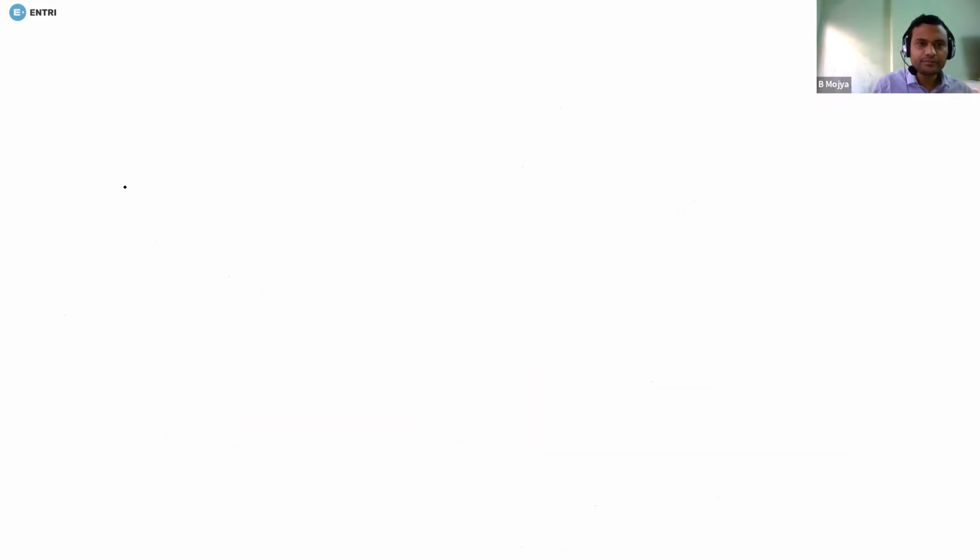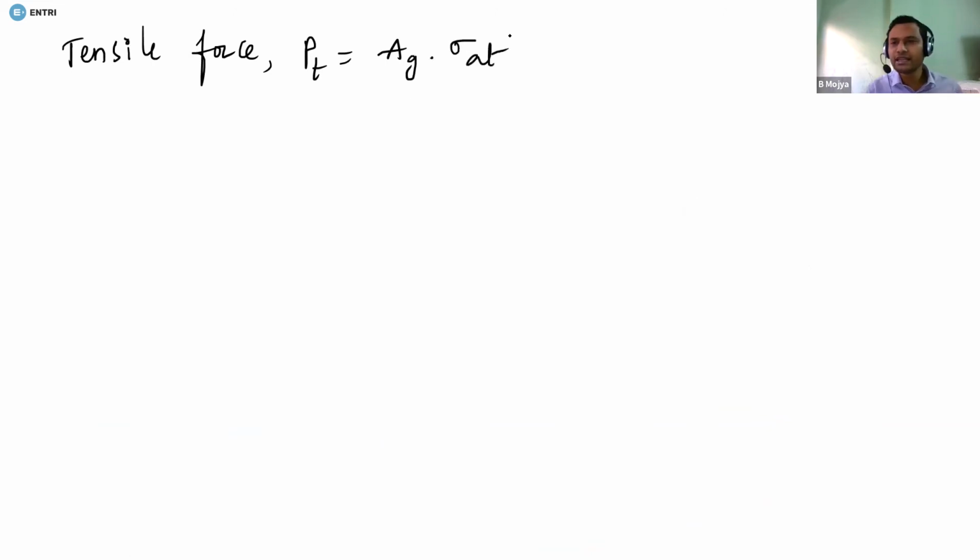Tensile force PT is equal to gross area into sigma at. Why are we taking the gross area? Because we are using welding, a connection called a welded connection. If it is a riveted or bolted connection, then you have to take the net area, because to connect the angle with the plate you have to make holes.